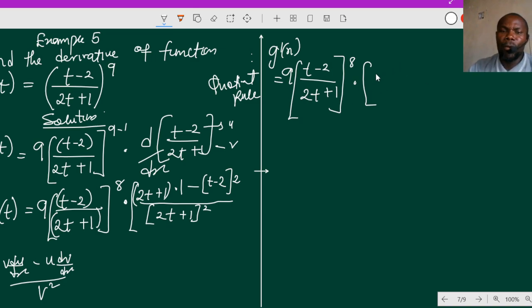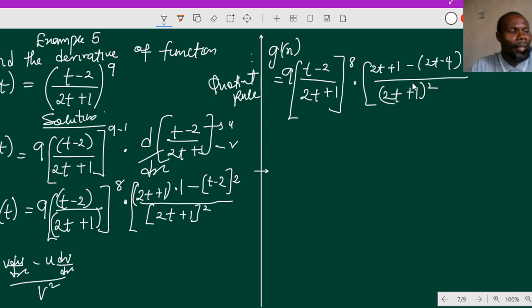This one will give you 2t plus 1 minus bracket open 2t minus 4 over 2t plus 1 all squared.